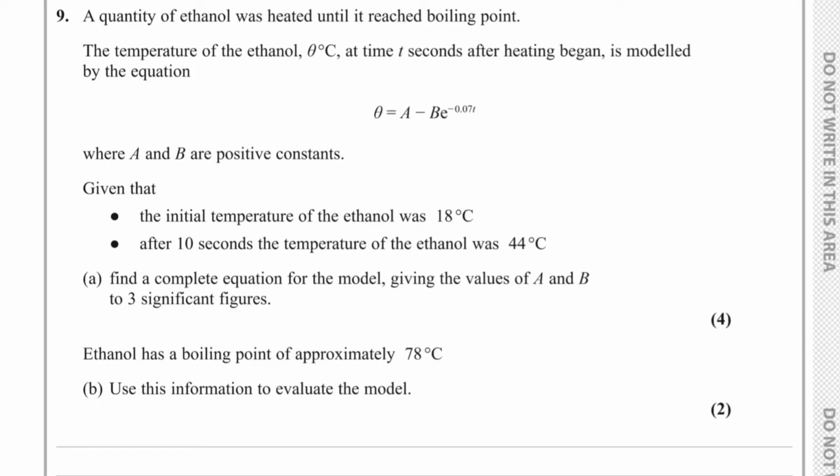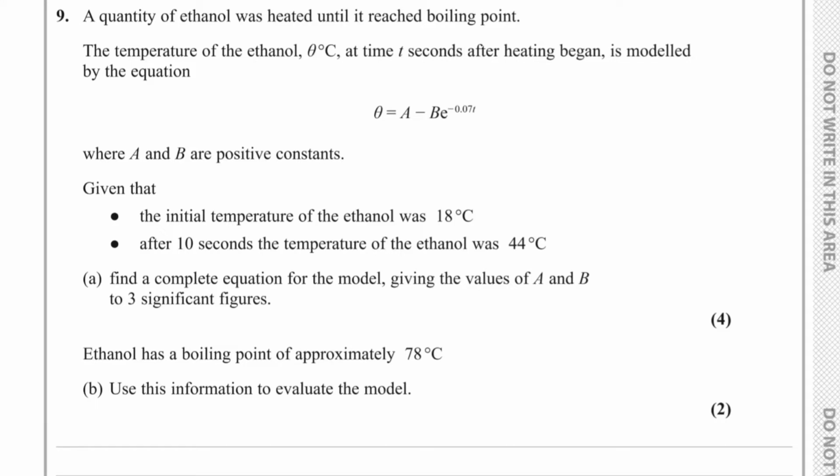Question number 9. A quantity of ethanol was heated until it reached boiling point, and the temperature of ethanol, theta degrees C, at time t seconds after heating began, is modelled by the equation theta equals a minus b e to the minus 0.07 t, where a and b are positive constants.